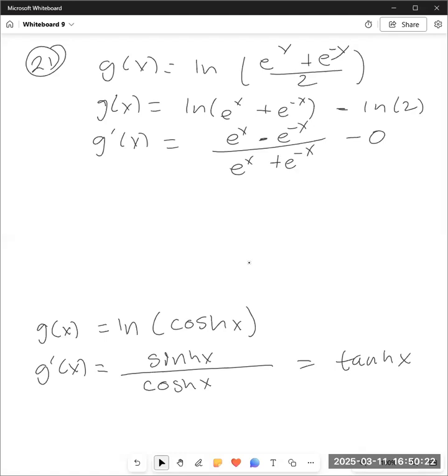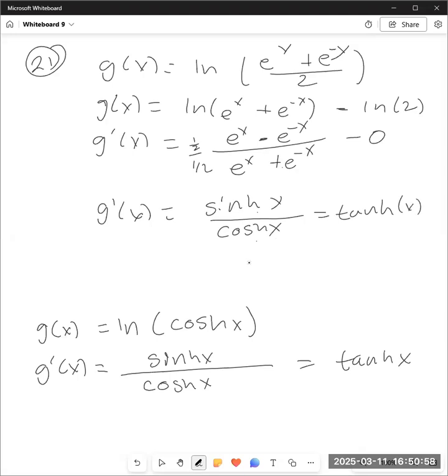And I can multiply top and bottom here by a half to get what I was saying before. This is fine to say that it's e to the x minus e to the negative x over e to the x plus e to the negative x. But that's the same thing as me saying that half of this up here is hyperbolic sine, half of this down here is hyperbolic cosine, and sine over cosine is tangent, but this is hyperbolic.